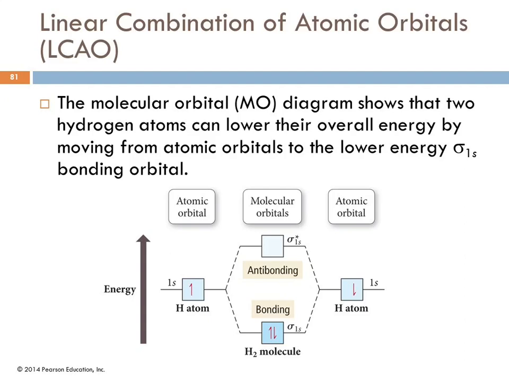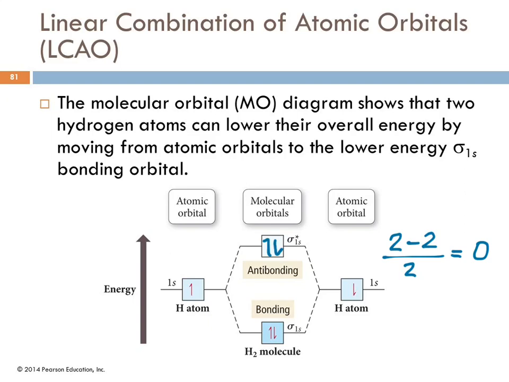If we had a different element here and we had 2 electrons in the antibonding orbital, then our bond order would be 2 in the bonding orbital minus 2 in the antibonding orbital over 2, and that would be equal to 0. There's no advantage for those atoms to bond together because the average energy of these is going to be the same as in the individual atoms. There's no lowering of energy, so there's no benefit in creating a bond.